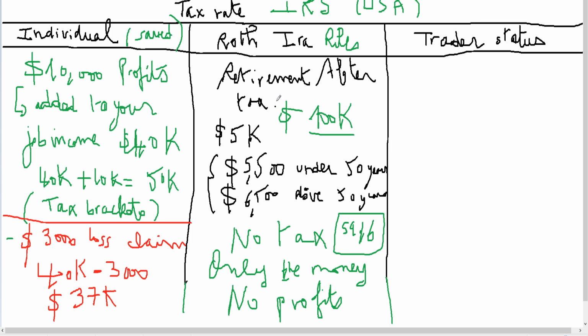And as I said, there is something good: you can take your money that you put in, but not the profits. The profits should stay there until you are 59 and a half. Okay? So this is just to make sure you understand the Roth IRA rules.